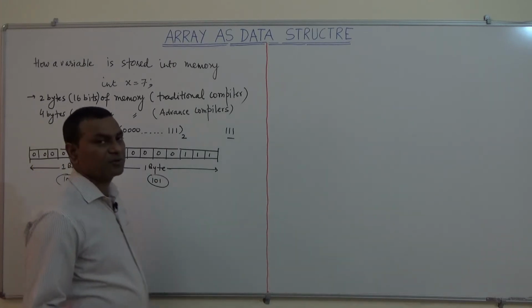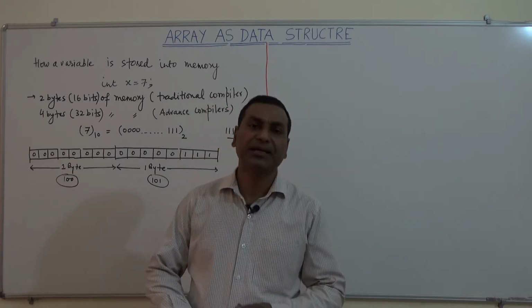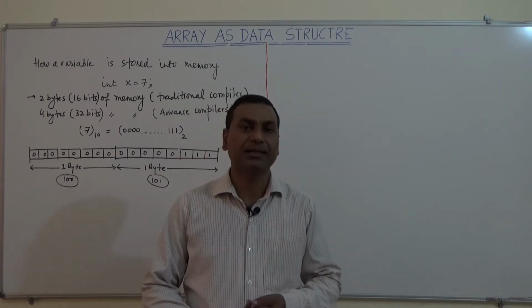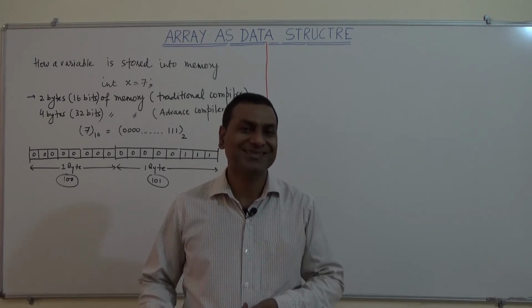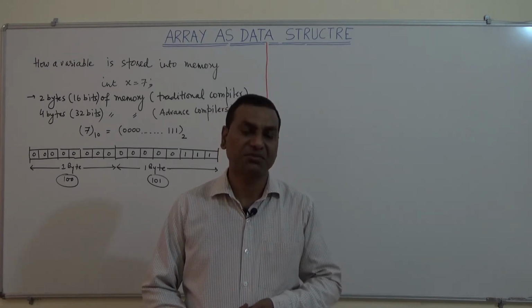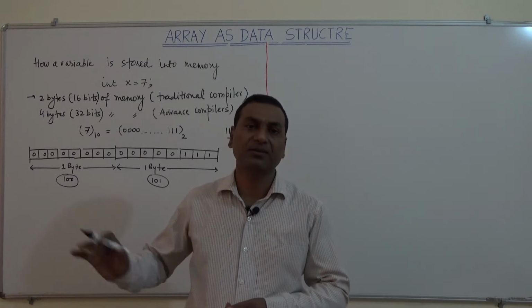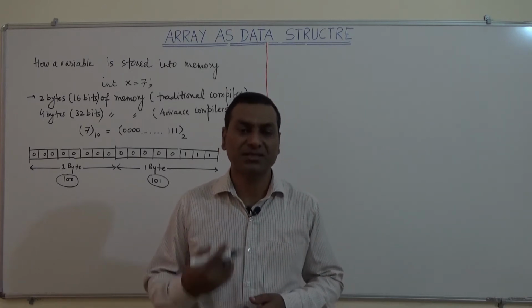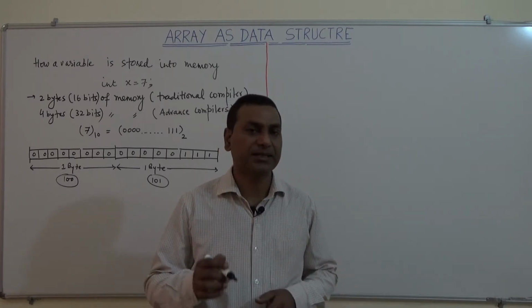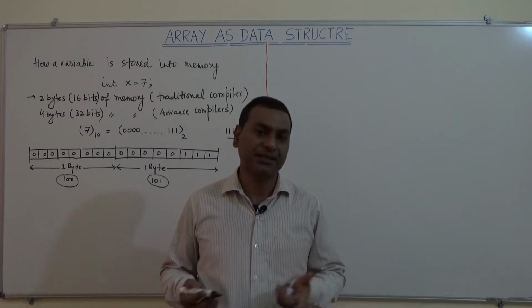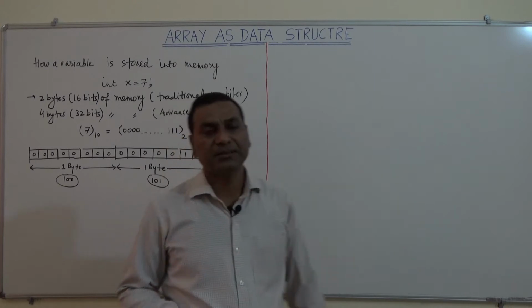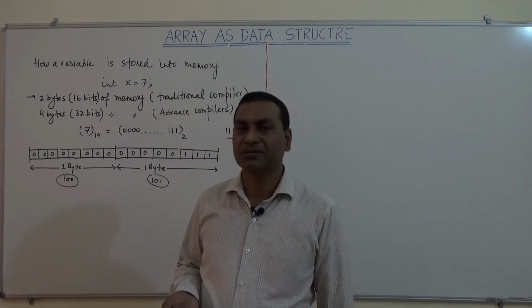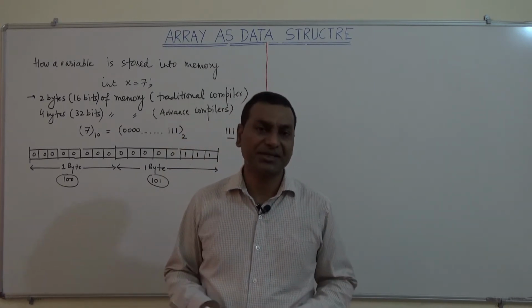If it is taking 4 bytes of memory, the addresses may be 100, 101, 102, 103. Normally addresses are shown in hexadecimal, but for simplicity, just for understanding, we are using 100, 101, like this. Now we will see the different issues in this simple declaration.